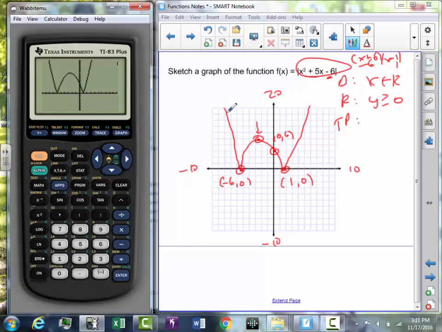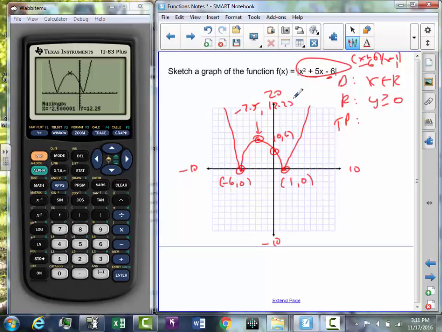Maximum value at negative 2.5 and 12 and a quarter. Good enough. And I imagine you guys can get all the properties you need, right? The axis of symmetry is negative 2.5 for x. Alright. You guys have any questions?